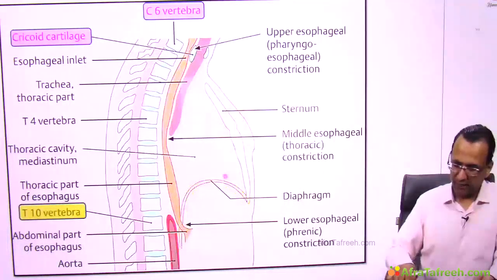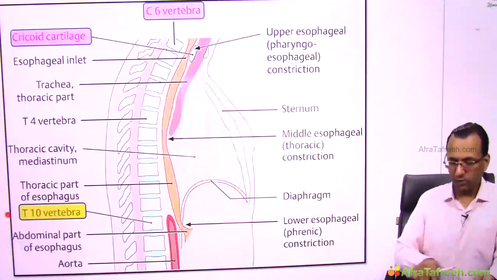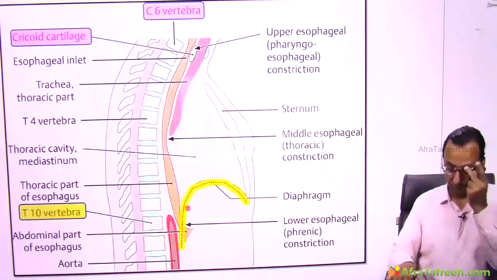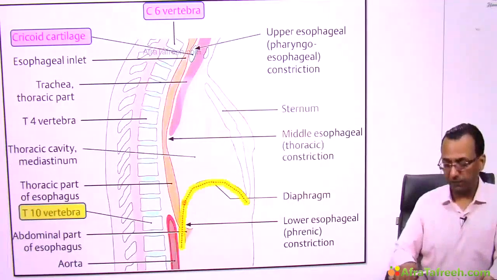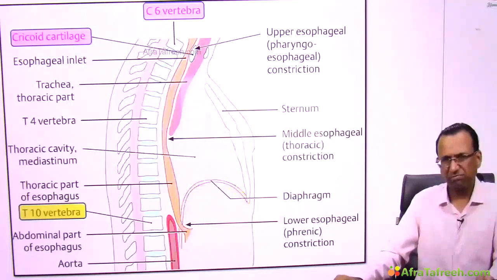That is some diaphragmatic opening at T10 vertebra, and there was some narrowing, remember? So at the T10 vertebra, there is a narrowing in the esophageal diaphragmatic opening of esophagus, and there is an anatomical sphincter also.